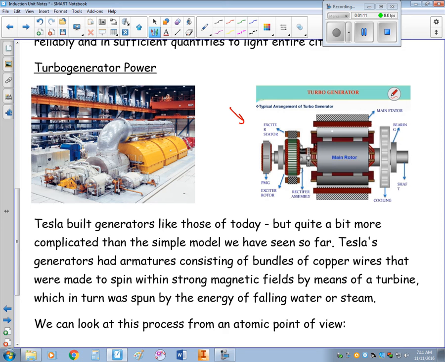As it spins faster, the magnetic field that the wires cut through becomes greater, so you can make even more electricity. So it uses part of its electricity to make more electricity. That's why we call it a turbo generator.